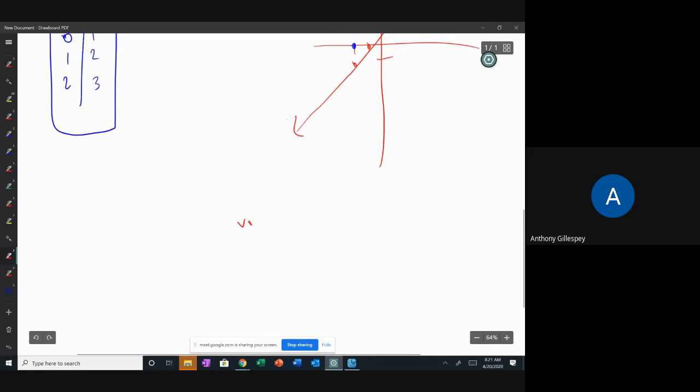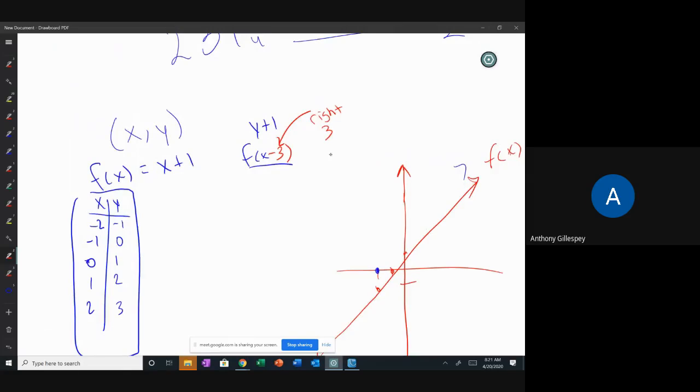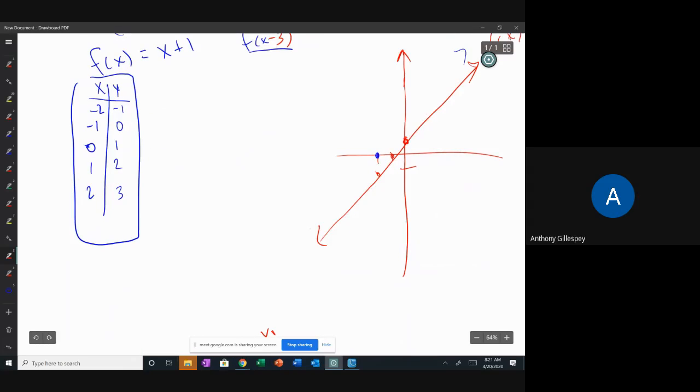So when you see stuff inside parentheses, you got to be careful. It says minus 3, but it's actually going to translate it right 3. Yeah? It's going to take each one of these points, and look at this. It's going to take each point, and it's going to move it 1, 2, 3 to the left, to the right, sorry. 1, 2, 3. So it's going to move this point here. It's going to move that point 1, 2, 3 here.